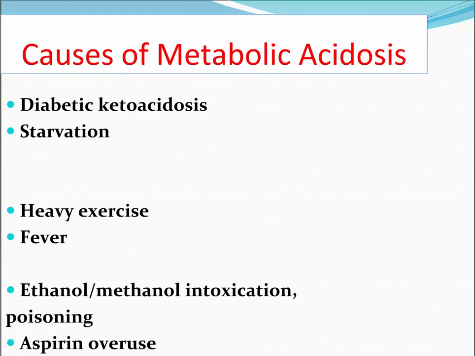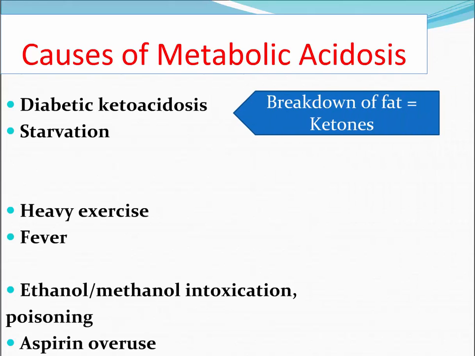And of course, the same with starvation. The body has to break down fat for energy, which results in ketosis, or the result of ketones. And ketones are acids that are byproducts of metabolism. So they're actually pretty strong acids. So it could be a primary cause of metabolic acidosis.